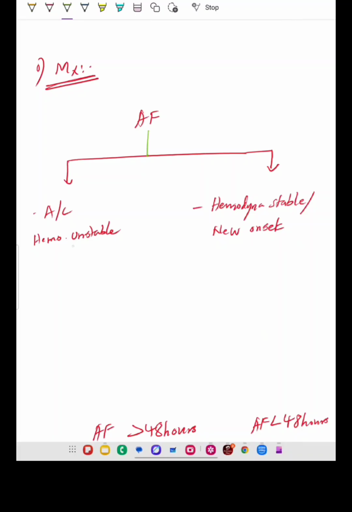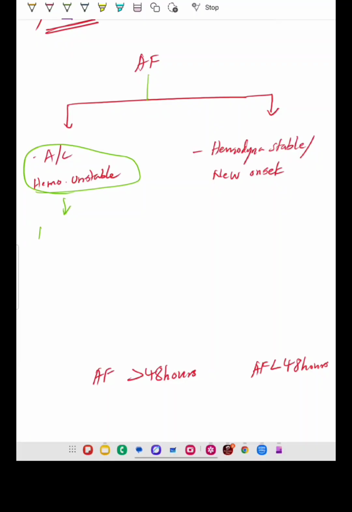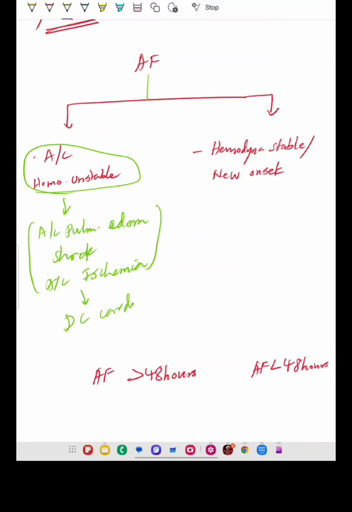So if you have a hemodynamically unstable patient with acute pulmonary edema, shock, or acute ischemia, then what you do is go for synchronized DC cardioversion. And you can try a shot of ibutilide.